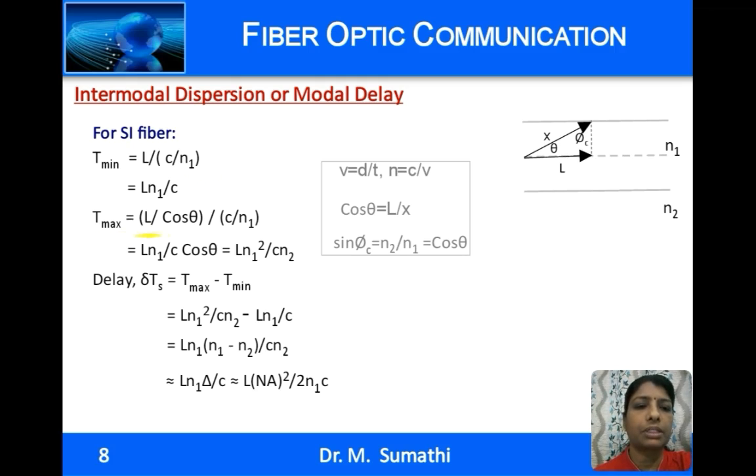And similarly, the maximum distance is the distance travelled by the ray that goes to the outer core cladding interface, and so considering that to be x, from the picture it is seen that cos theta is L by x, and from that x is L by cos theta, substituting that value to determine the time taken as distance by velocity. Now the delay difference is the difference between T max and T minimum. Solving it, we get delay in step index fiber as L n1 delta by c, which is equal to L NA square by 2 n1 c.